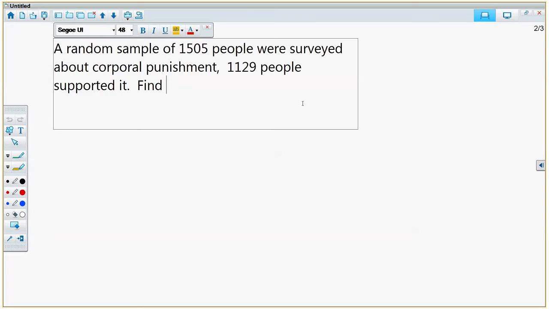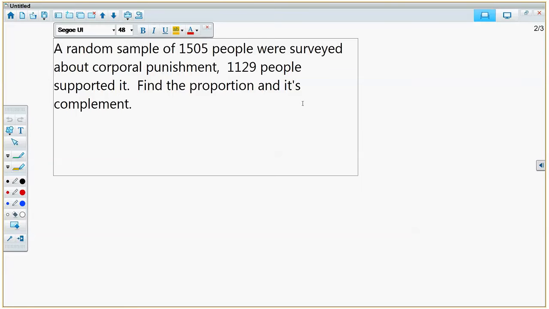Find the proportion and its complement. Well, that shouldn't take you too long.